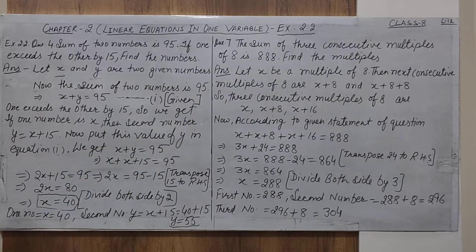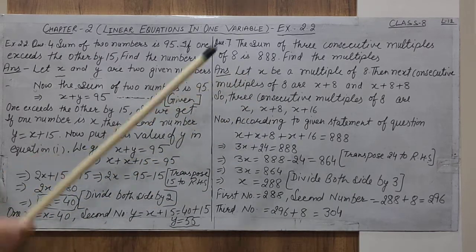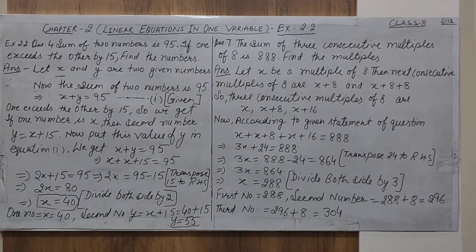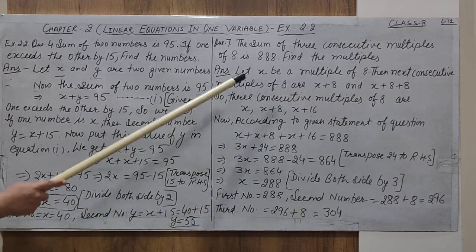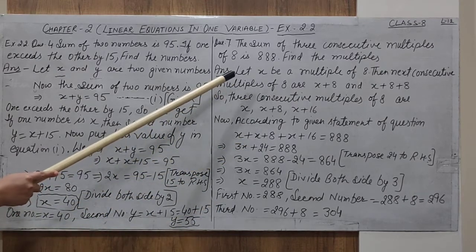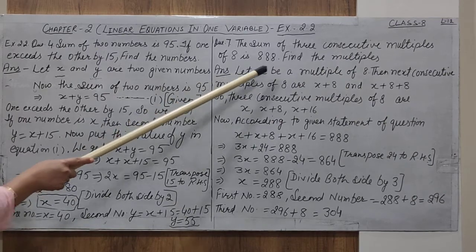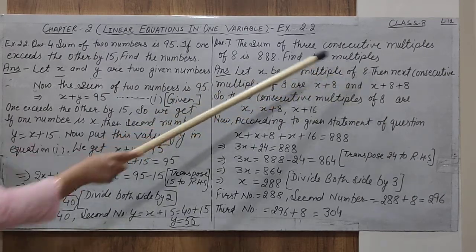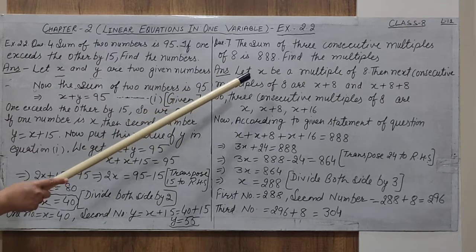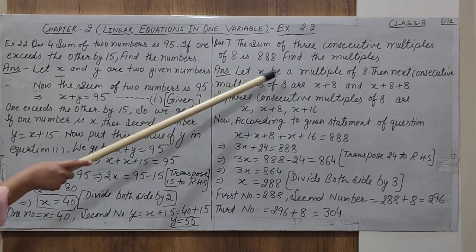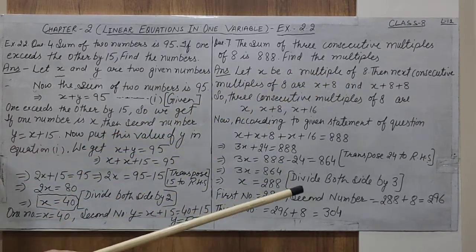First of all, which are those multiples whose sum is 888? For finding the 3 multiples, first of all, what do we have to do? Understand the answer step by step. Answer. Let x be a multiple of 8. Suppose we take x as a number which is a multiple of 8.